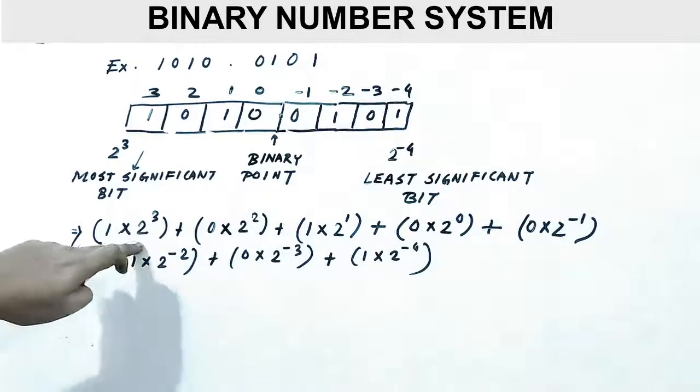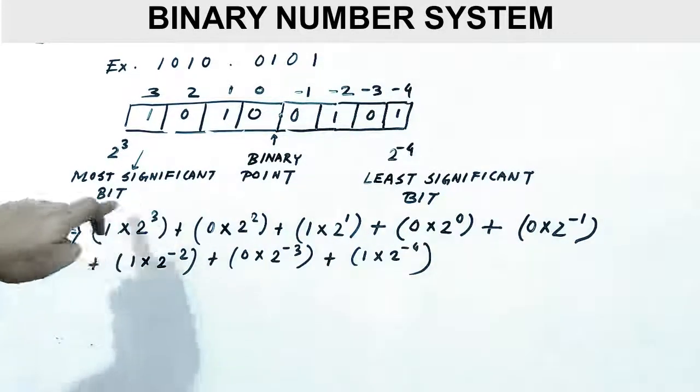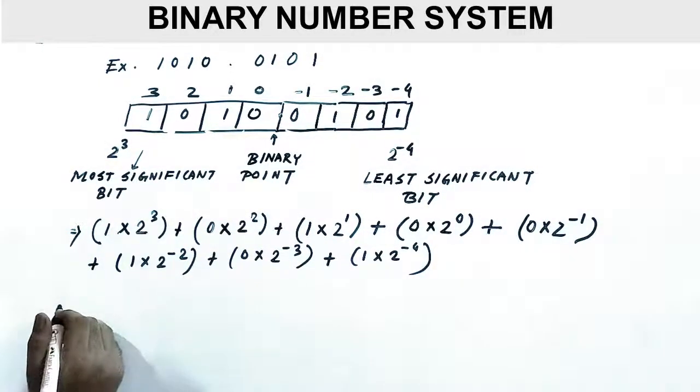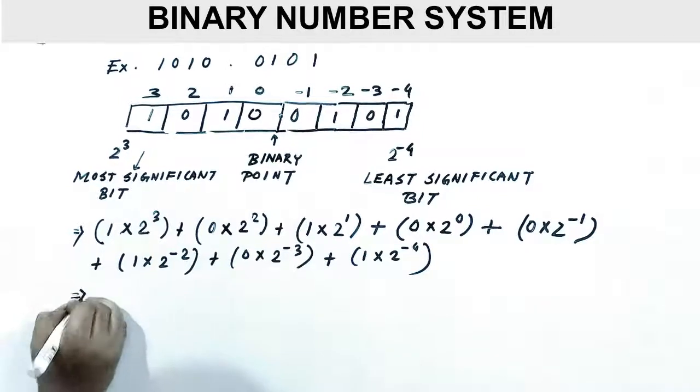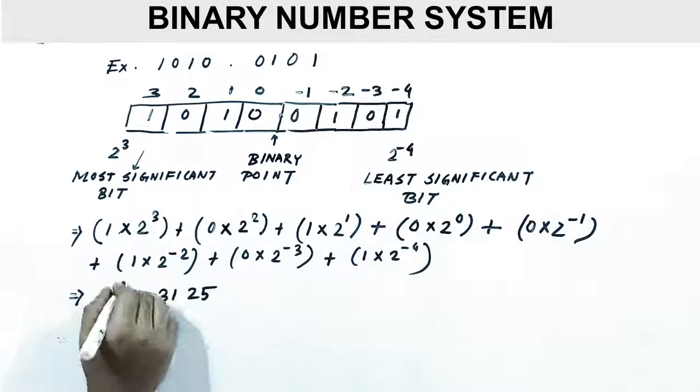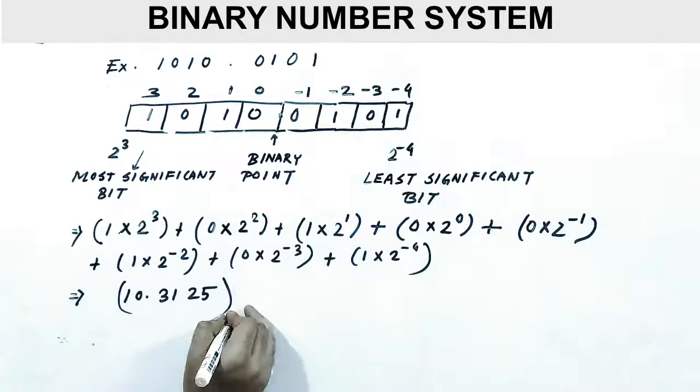This is the positional value, this is the digit, and 1 into 2 to the power of 3 is the weightage. If you sum it up, it will become 10.3125 in decimal.